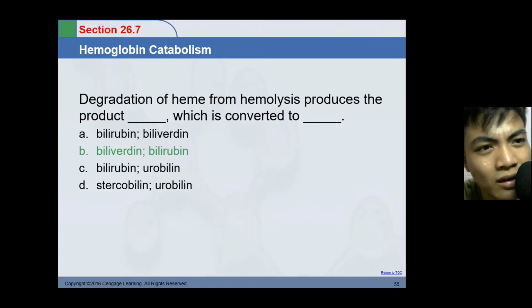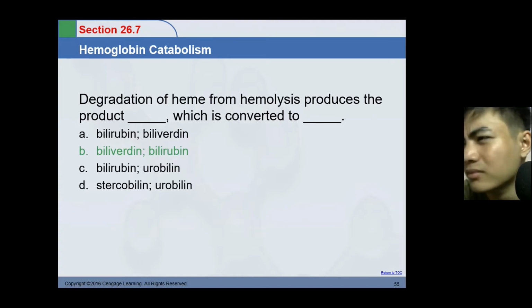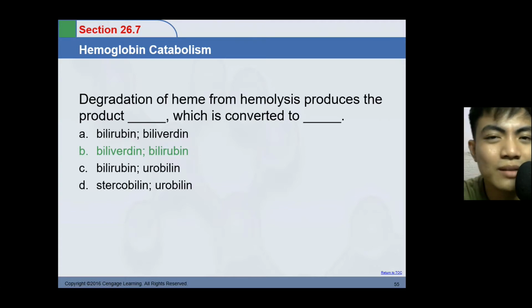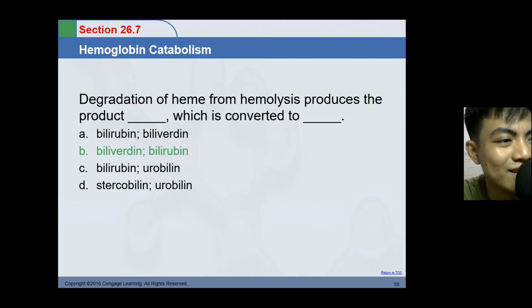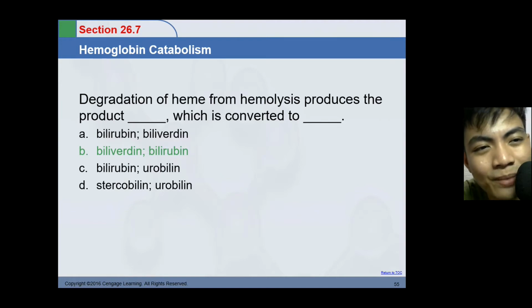So that's letter B. So, the body is amazing, no? It recycles everything, even our red blood cells. Okay? There's no waste in the body. What is thrown away is what is really no longer needed, such as the bilirubin, the amine, okay? The ammonia in the form of urea. Our body is very smart.